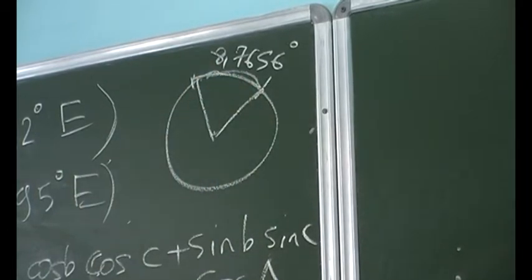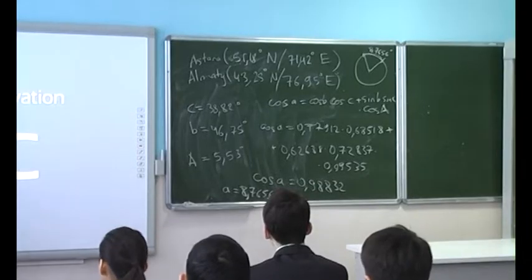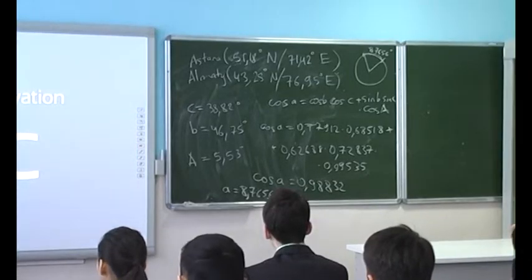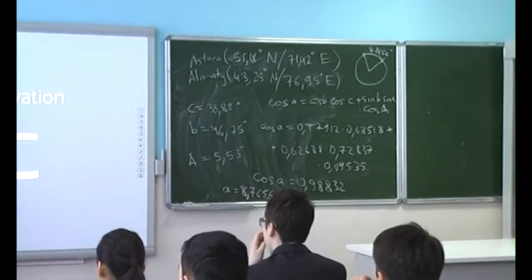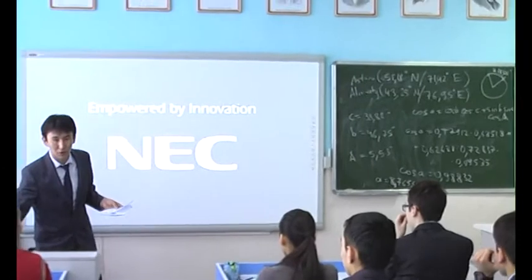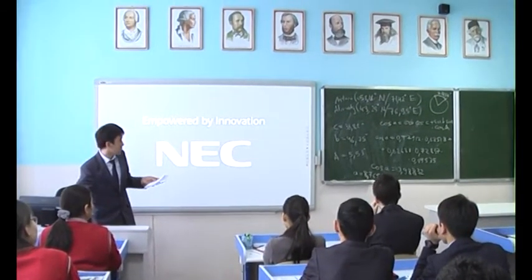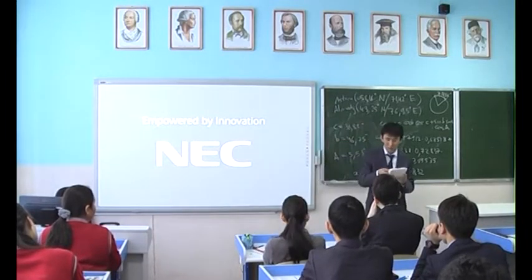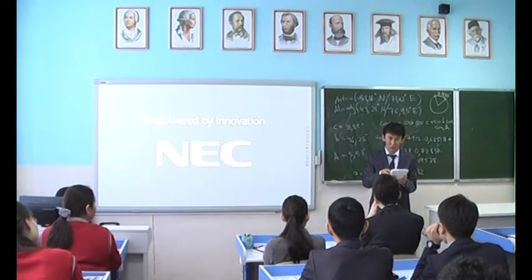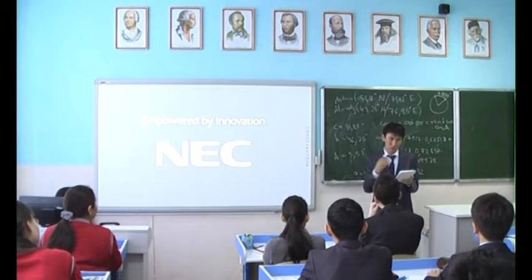Now, this is arc A. Can we find the length of this arc? With the help of the arc length formula, we can find the length of that, yeah? That's going to be based on the circumference of this circle. What is the circumference of the circle? Yes, 2 pi r, which is the circumference of the Earth, yeah? We know that the circumference of the Earth is 40,077.16 kilometers, on the equator, yeah?